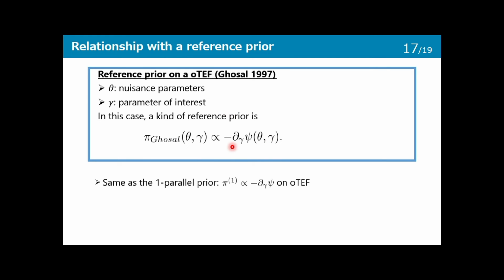Here, theta are nuisance parameters and gamma is a parameter of interest. Thus, Ghosal's reference prior corresponds to our one parallel prior. Then we give a geometric meaning for this reference prior.